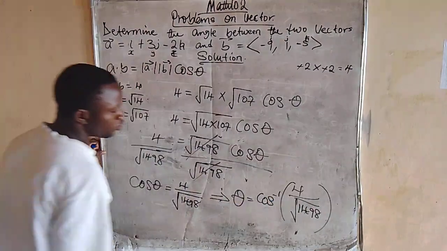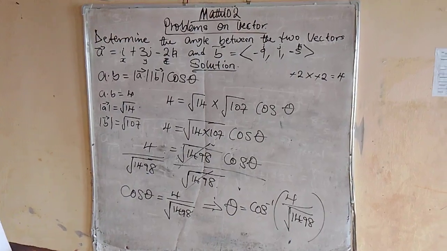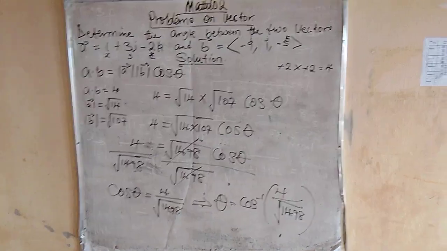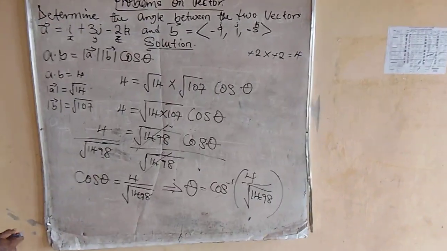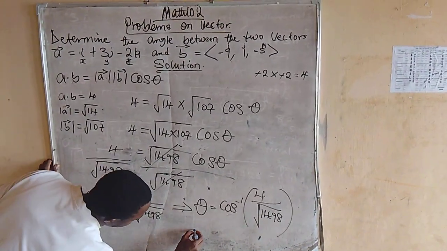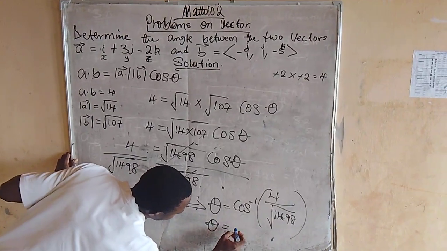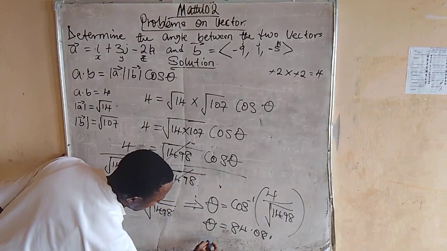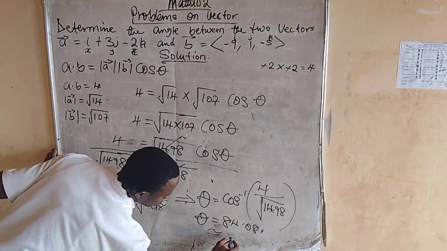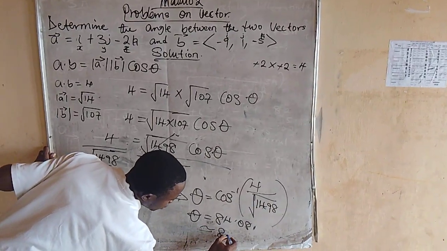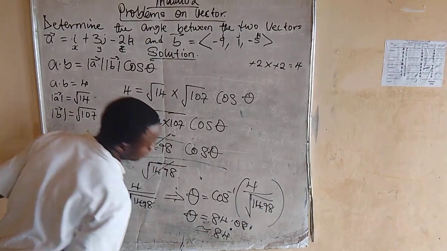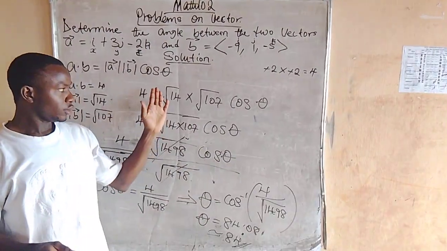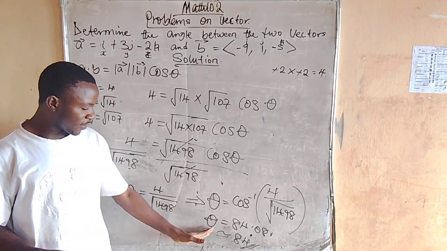So if you punch your calculator, cos inverse of 4 all over square root of 1498, you are going to have theta equal to what? When I punched my calculator, I had theta to be equal to 84.08. Approximately we say theta is equal to 84 degrees. Is that taken? So this is our answer. This is the value for theta.